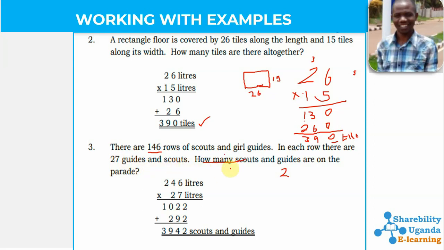How many scouts are there? So what do they want us to find here?